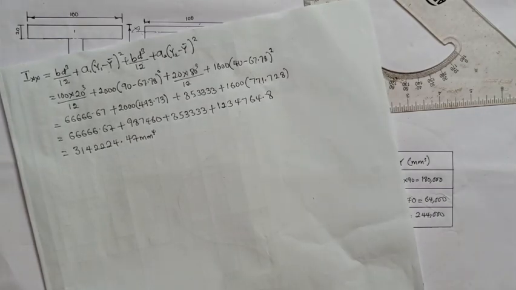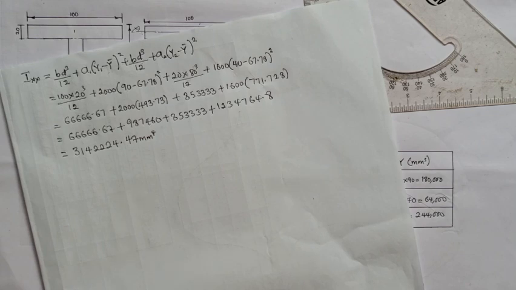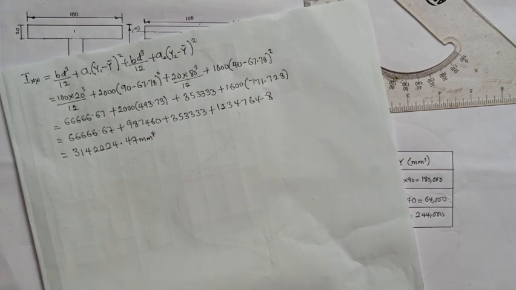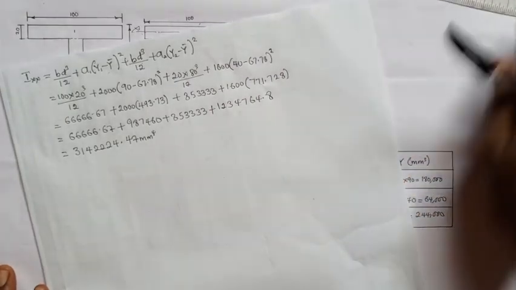That is what I have for my IXX. Is that okay? Now similarly, we'll do the same thing for IYY.